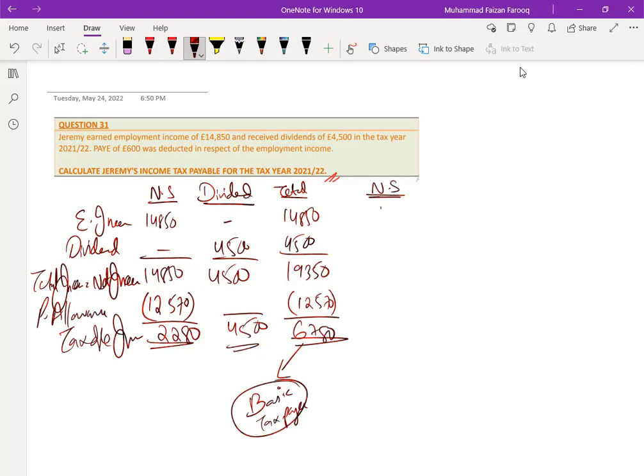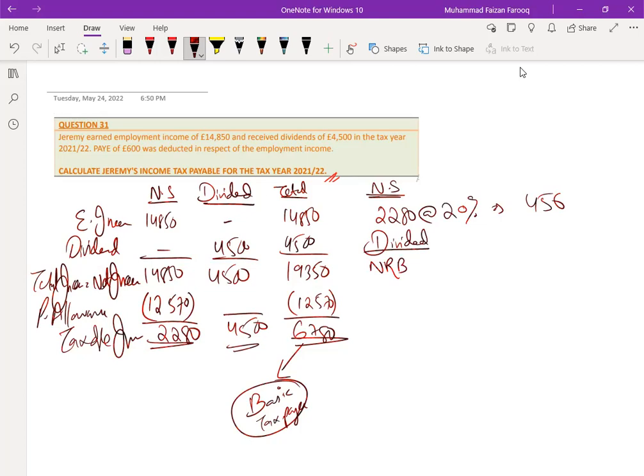Now applying the tax. Non-savings 2,280. It will fall under the basic band. So 20% of this, how much? 456. Very good. Then we have dividend. Just now we learned in dividend we have only one extra band, which is the nil rate band.